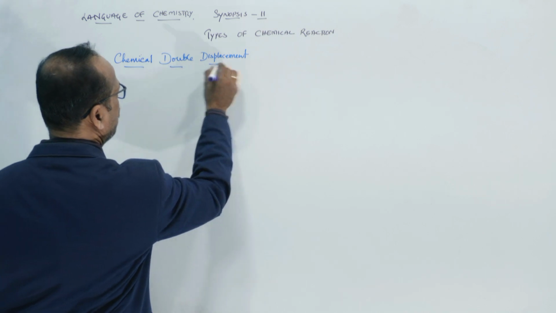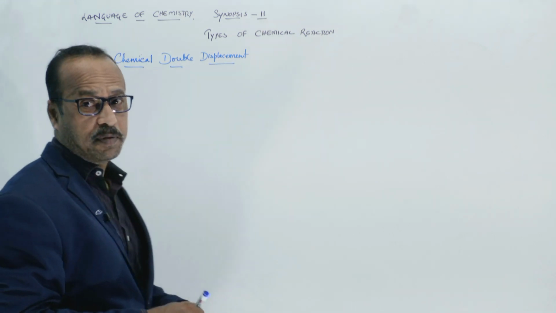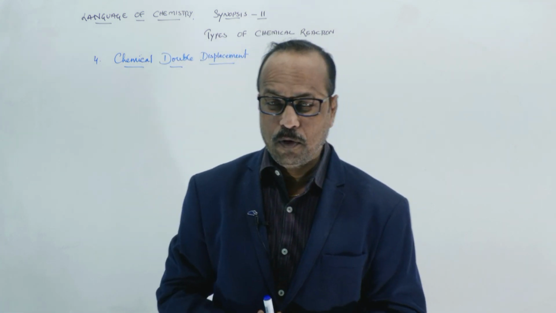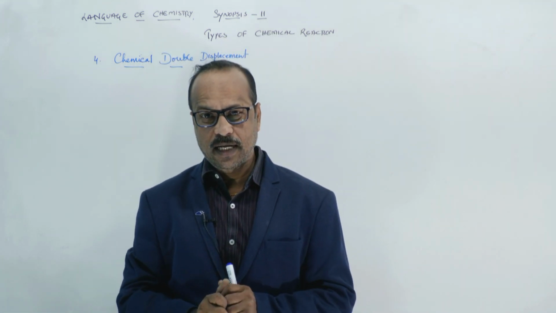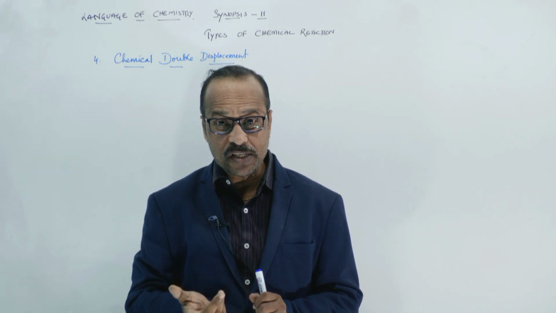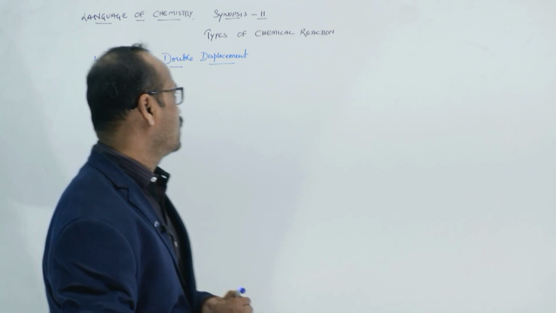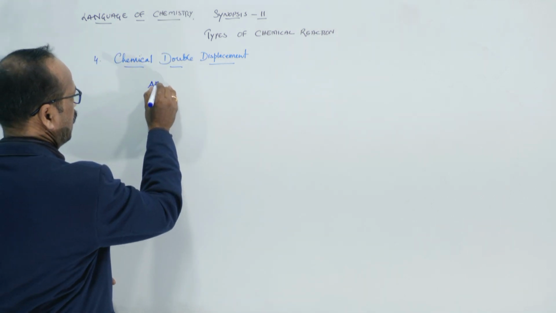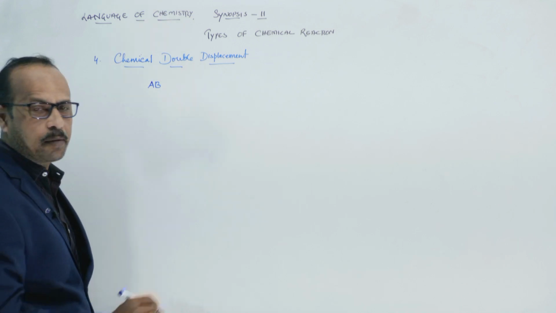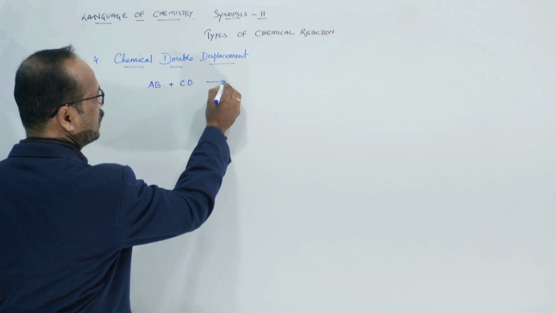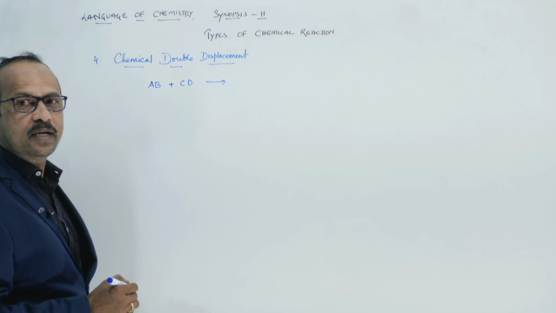The definition of chemical double displacement: if two reactants combine, they exchange their ions. In a simple way, first I'll explain. For example, there is one compound called AB, reacting with another compound called CD.